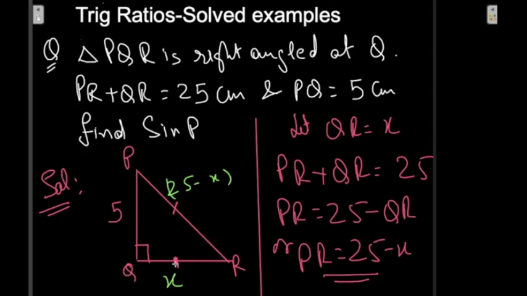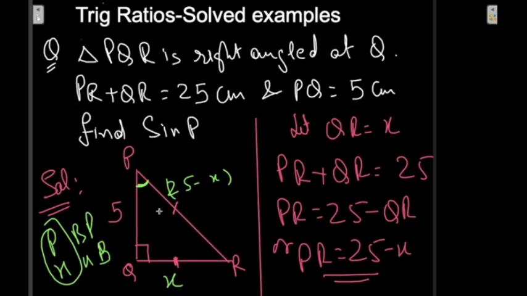Now we have to find sine of P. This is the angle P, sine of P. And what is sine? This is going to be perpendicular and this is going to be hypotenuse.